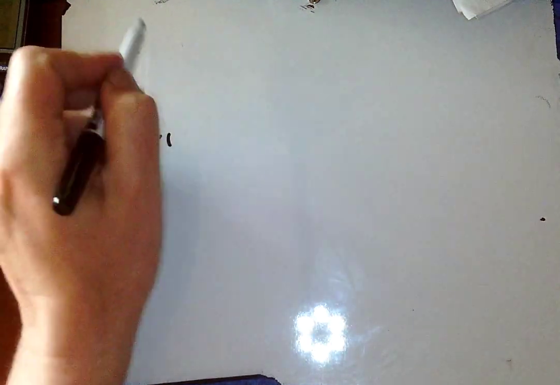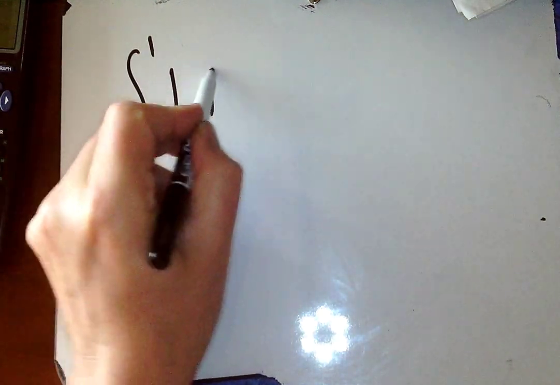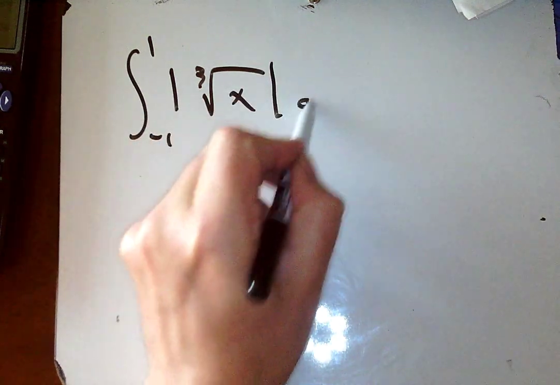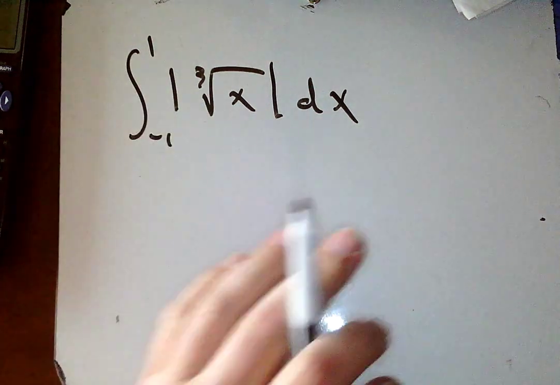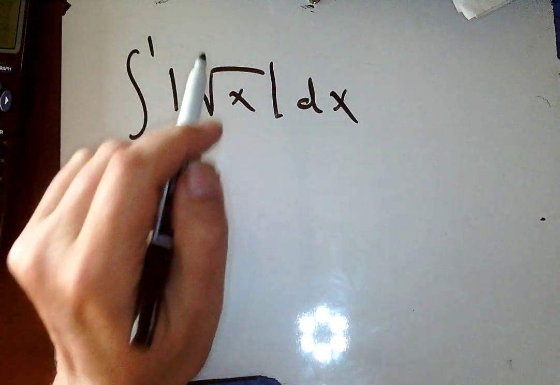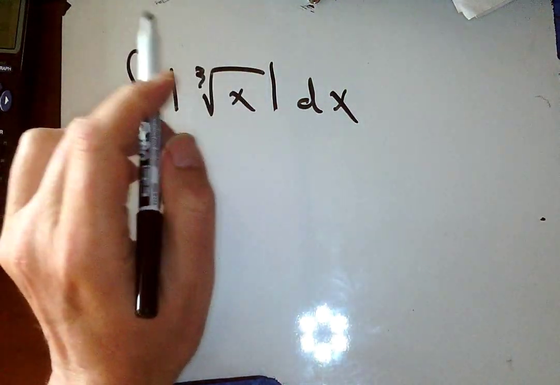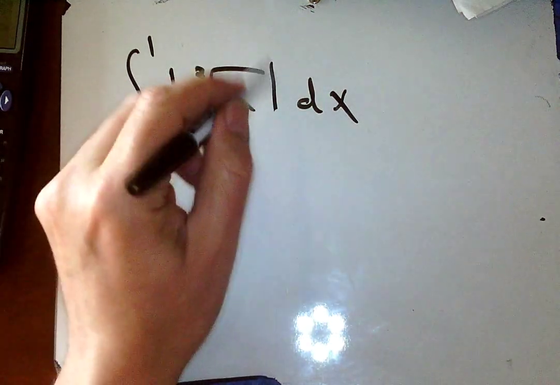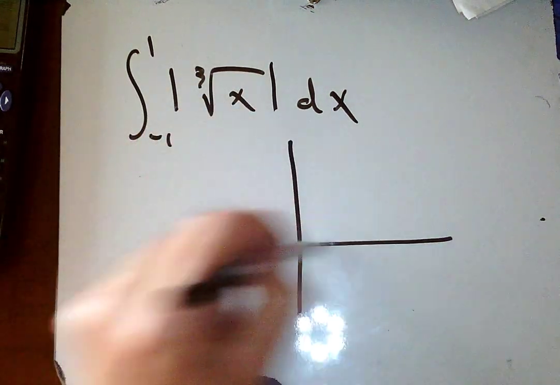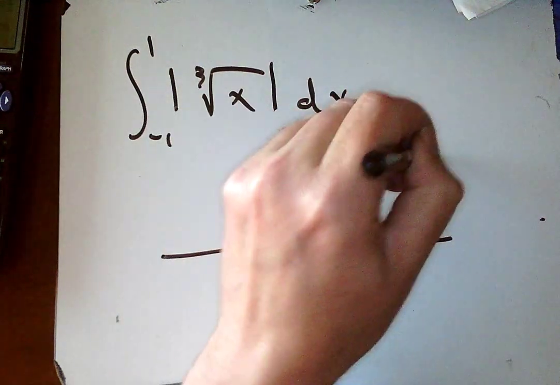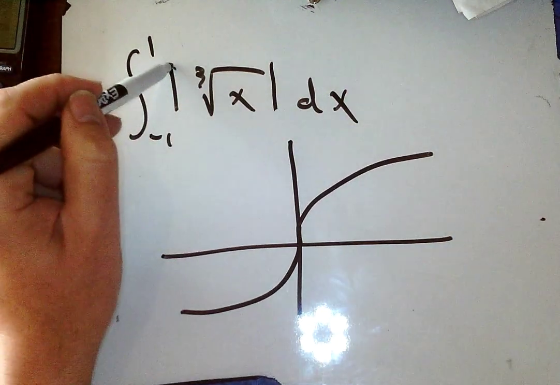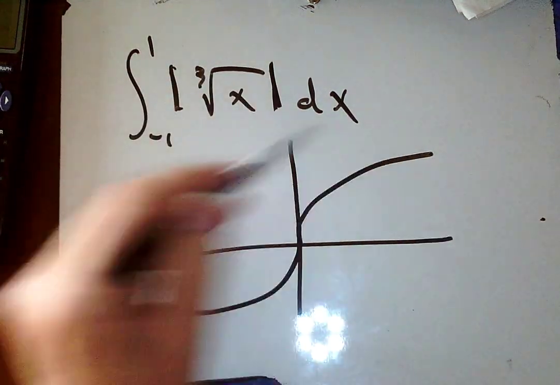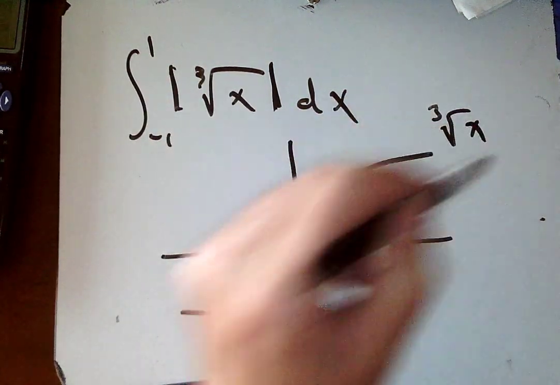All right, what's next? How about the integral from -1 to 1 of the absolute value of cube root of x dx? I'm definitely not going to be trying something like this algebraically. I'm sorry, I don't want to, no, ew, absolute value. I want to think about this graphically. We've got our cube root of x inside of an absolute value. How does that affect this cube root of x graph?